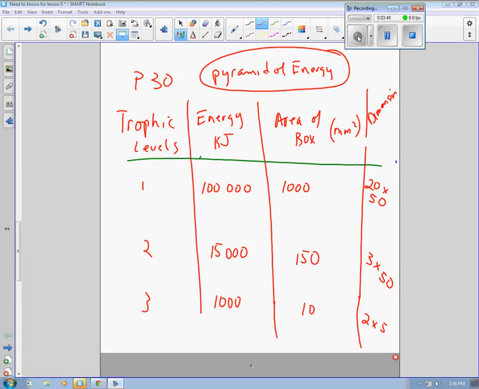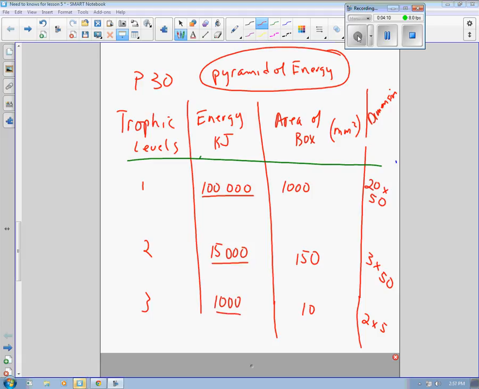So on this chart, which is a way to help you draw a pyramid of energy, and by the way, this example is found on page 30, sample exercise number 1. You can kind of see that they give you the starting energy levels at each of the three trophic levels.